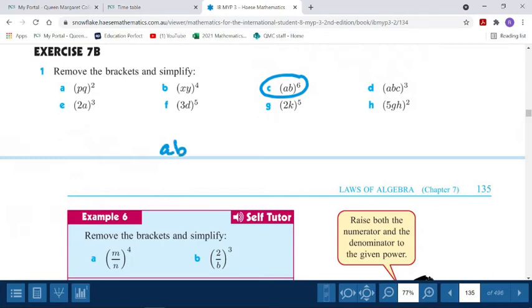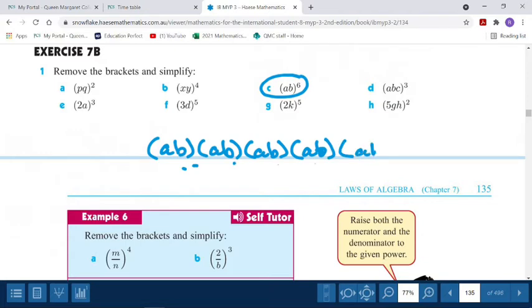So instead of writing AB times itself 6 times, and then counting up how many A's and B's, right? 1, 2, 3, 4, 5, 6. Because it's all one term inside, these are monomials, then I can simply raise everything in there to the 6th power.